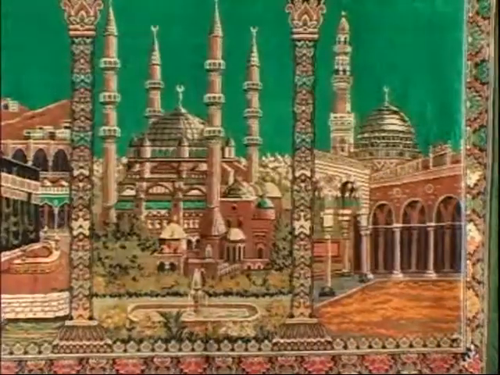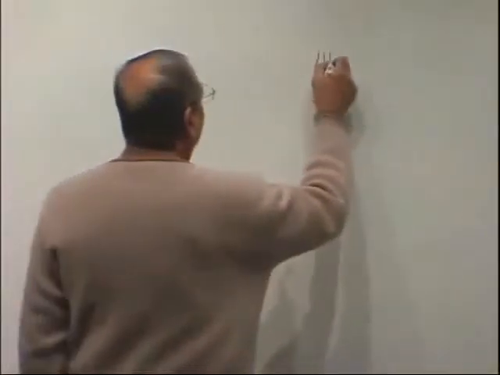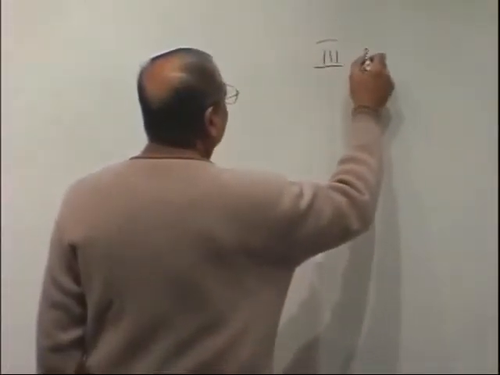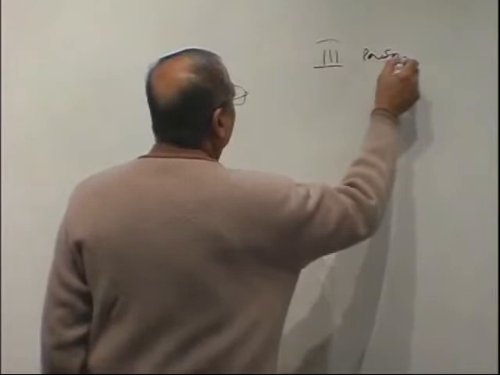Now, we learned Fi'al Amr. Did we learn Fi'al Amr? When do you use Fi'al Amr? In the second person. Remember, let me write down. Third person, what is it in Arabic?